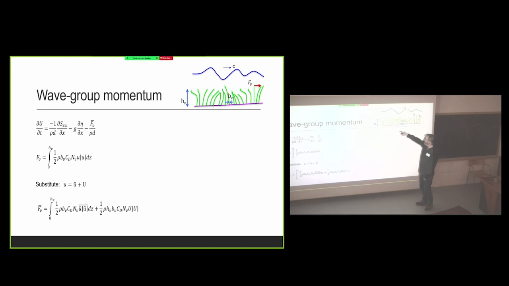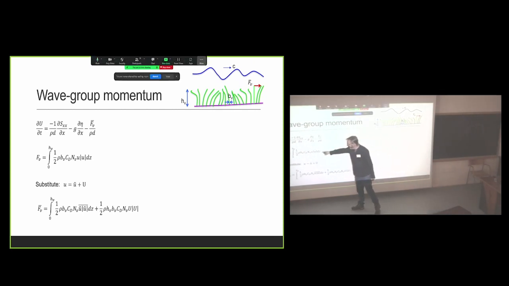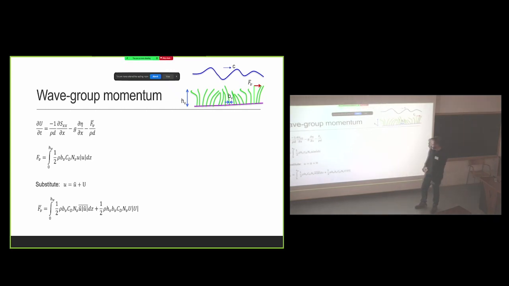It depends on the height of the vegetation, the diameter of the vegetation, and the particulars of the waves that you're looking at. And then this drag coefficient, this C sub D, is again something that is quite empirical. There's a lot of research into finding optimal drag coefficients. And this N sub V is an indication of the density of your vegetation.